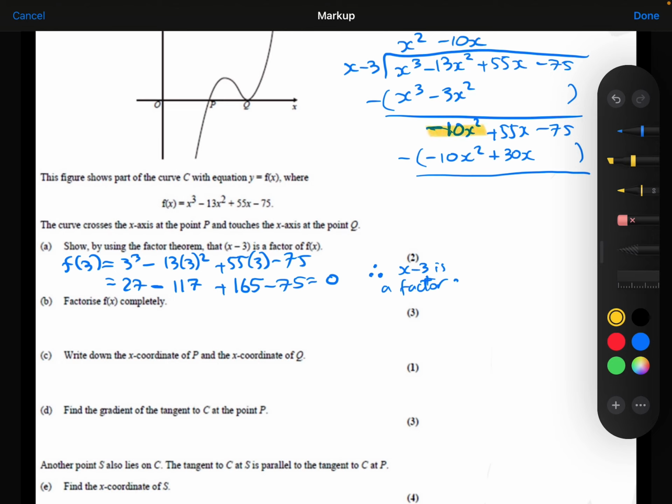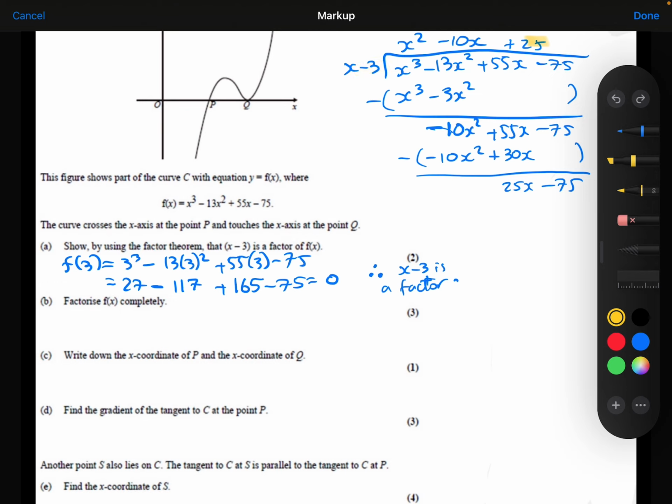The minus 10x squared minus minus 10x squared will give 0. The 55x minus 30x is 25x. And then one last time, the x into the 25x goes 25 times. And multiplying out, the 25 times x is 25x. And the 25 times the minus 3 is minus 75.